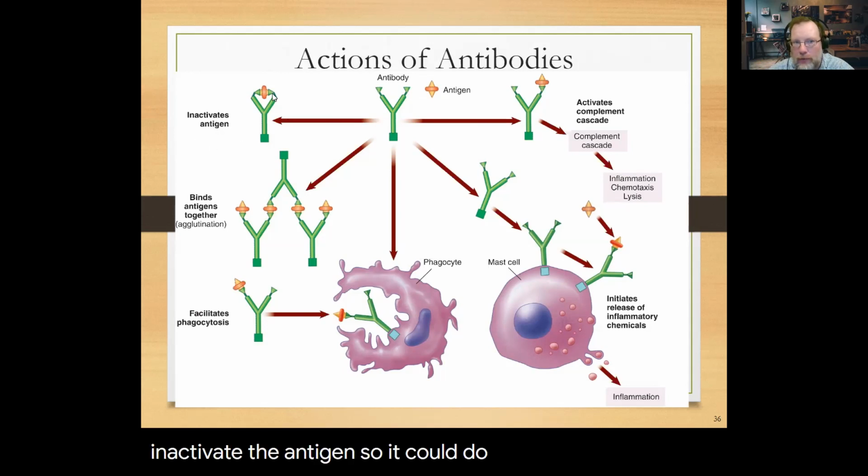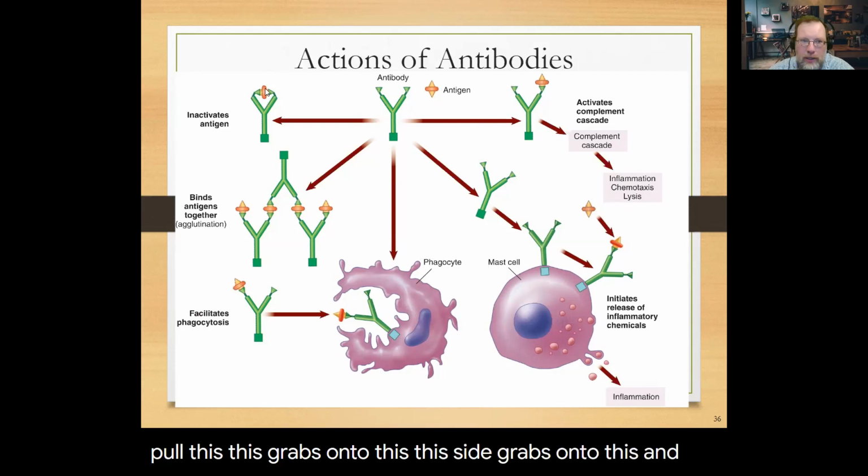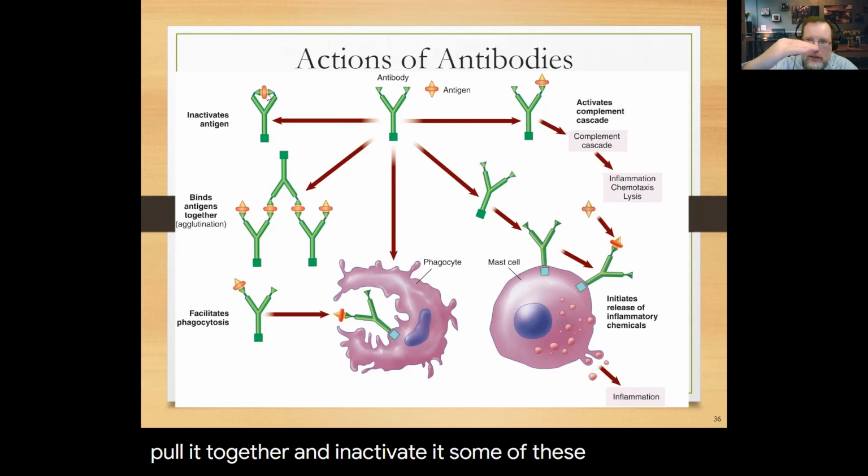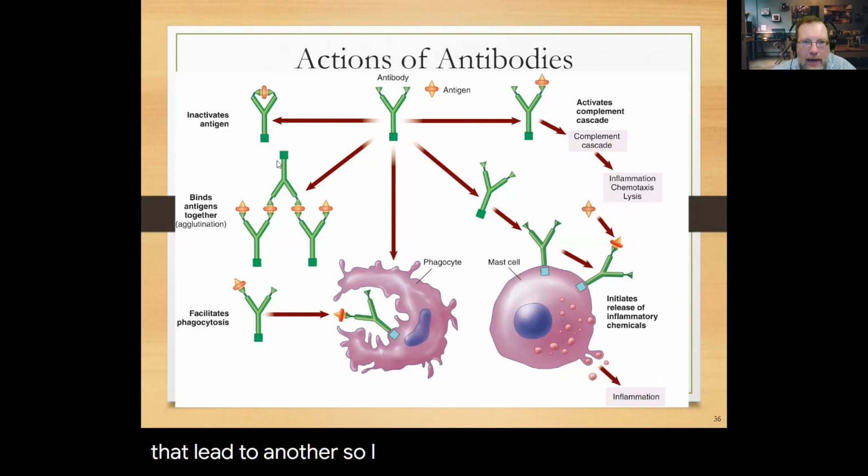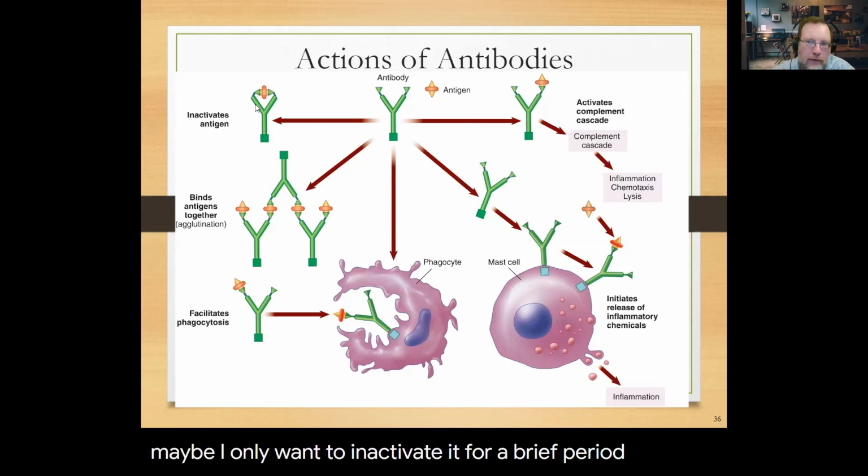It could do something as simple as this side grabs onto this, and we pull it together and inactivate it. Some of these are steps that lead to another. So I can inactivate it, and then I could bring it down here and get a phagocyte to consume it. Maybe I only want to inactivate it for a brief period of time.